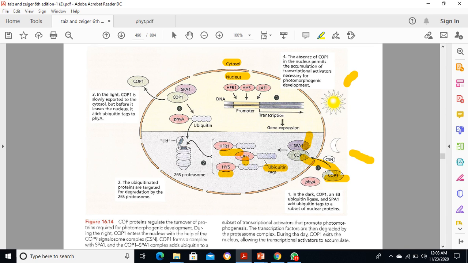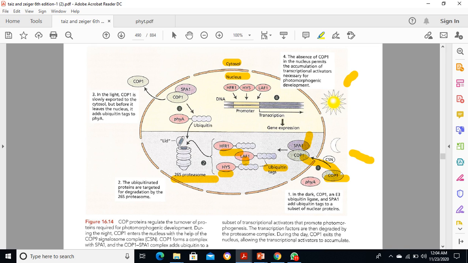Okay. So in the dark these genes do not want to express because it is dark. These genes are needed only in the presence of light. So they will add ubiquitin tag and it is degraded by the 26S proteasome. You know this degradation process. Okay.